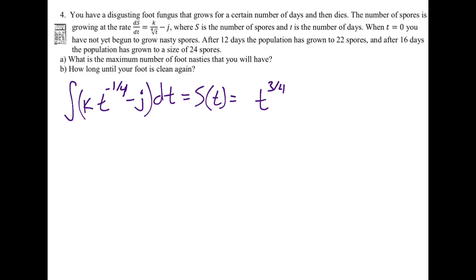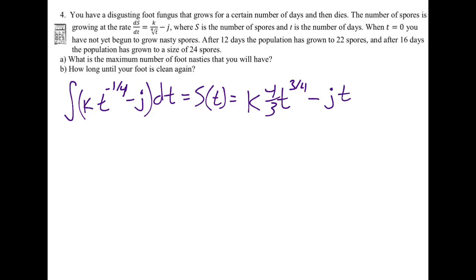We need to then divide by 3/4, which is the same as multiplying by 4/3. So I'm going to put a 4/3 coefficient there, and I still have my constant k hanging out front. And then minus j becomes j t.